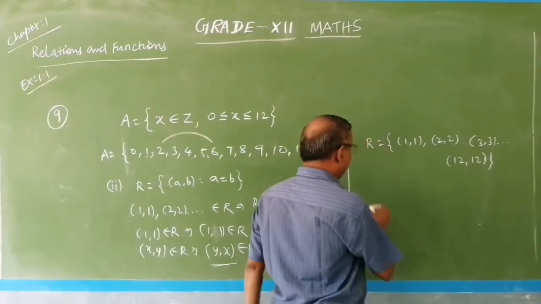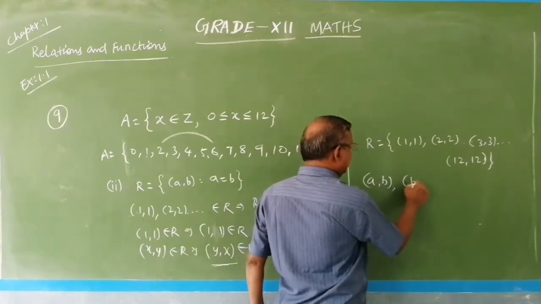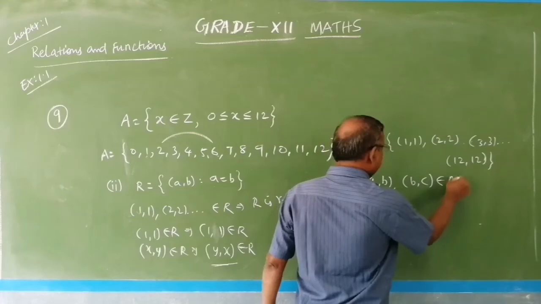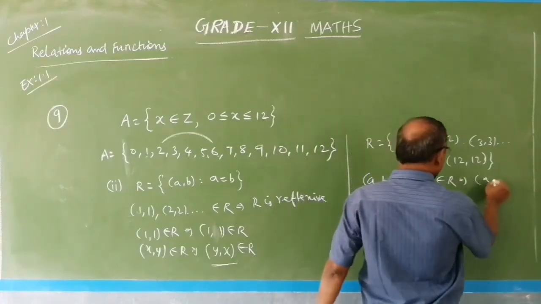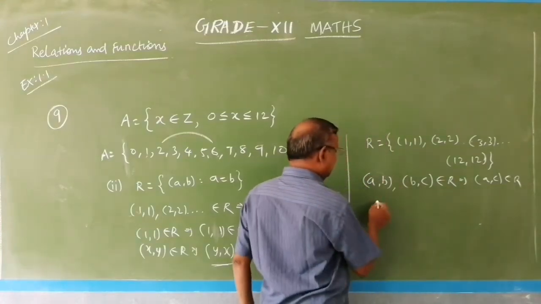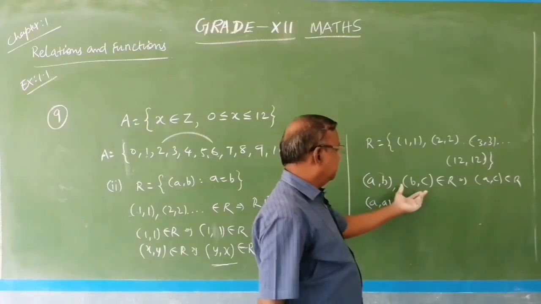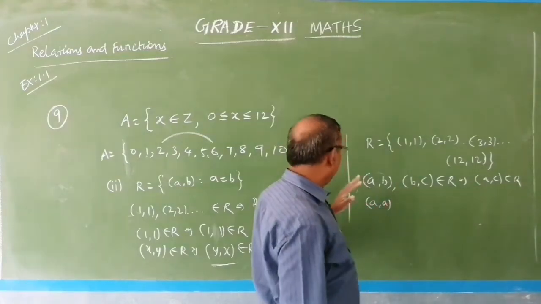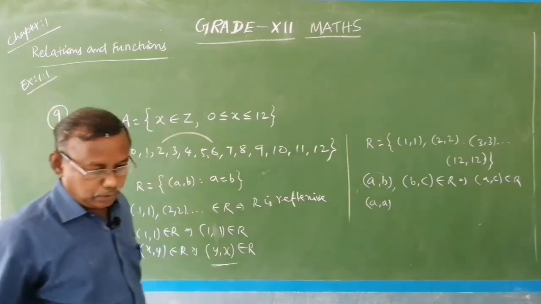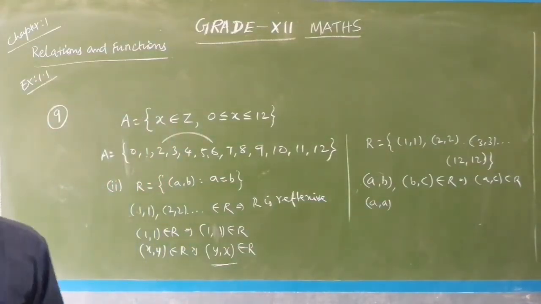Now, if A comma B and B comma C are elements of R, then only do we have to show A comma C belongs to R. But here we have only A comma A, so there is no need for B comma C and A comma C. Therefore, R is transitive too. Hence, R is an equivalence relation.